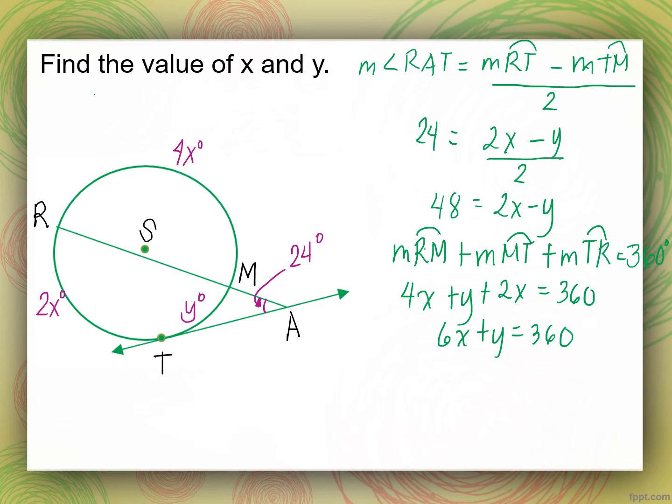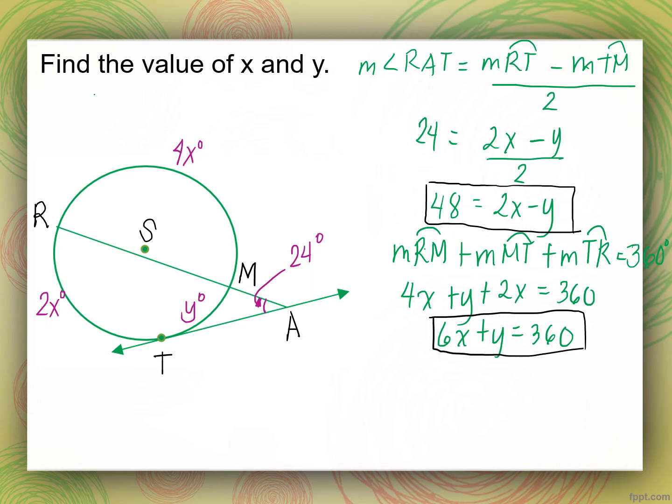So we now have two linear equations here, which is 6x plus y is equal to 360, and 48 is equal to 2x minus y. So we can solve it as a system. We can either use substitution or elimination method.